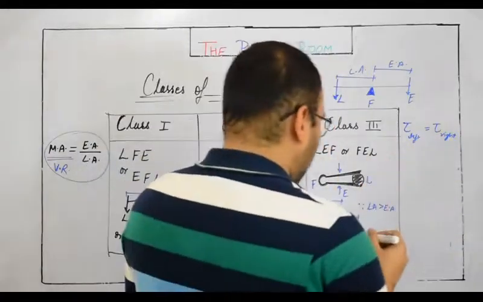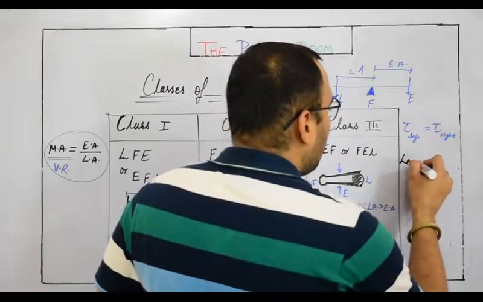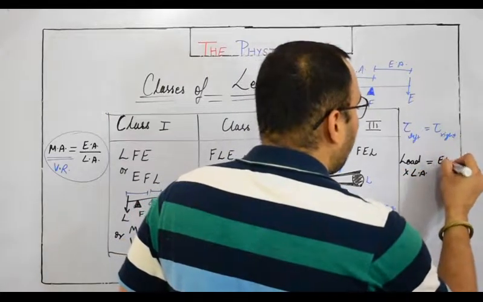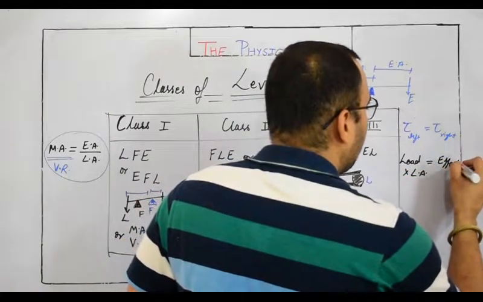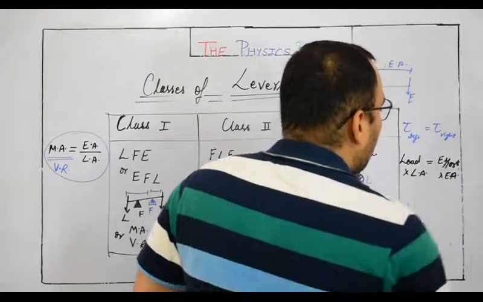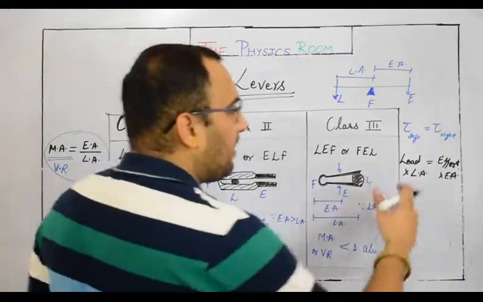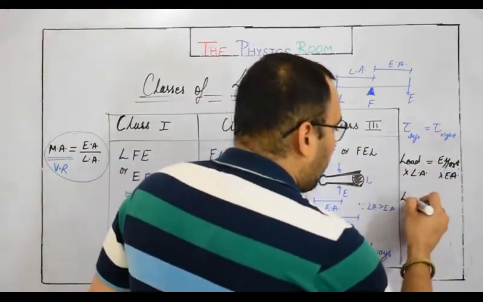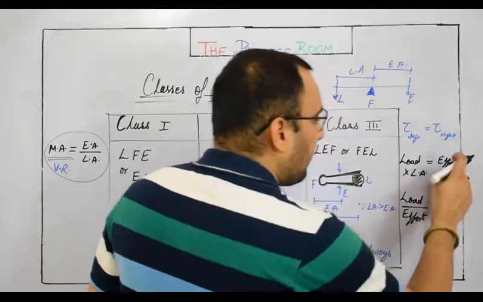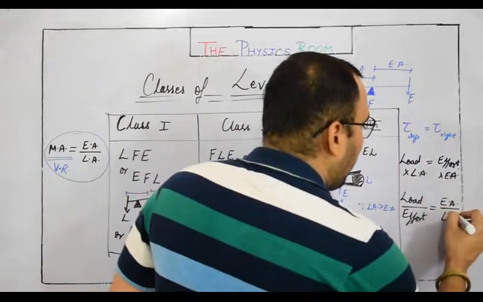So in this case we can write, in equilibrium, load into load arm must be equal to effort into effort arm. And if you are unaware of this formula, you can derive it from this expression in equilibrium. If we go for load upon effort from this expression, by sending effort here and load there, you can get effort arm upon load arm simply.